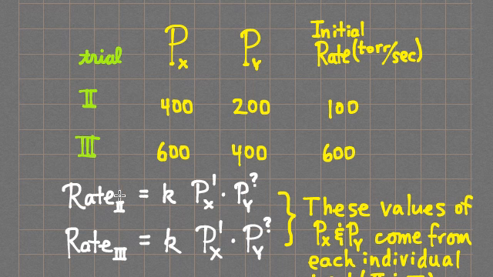In trial 2, I could say this. My rate has got to equal my pressure of X to the first power times my pressure of Y to the I don't know what power. There's some constant thrown in there. Rate 3 right here should equal the pressure of X to the first power times the pressure of Y to the I don't know what power.